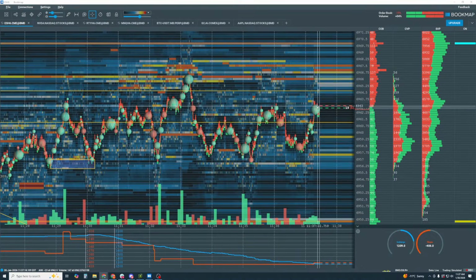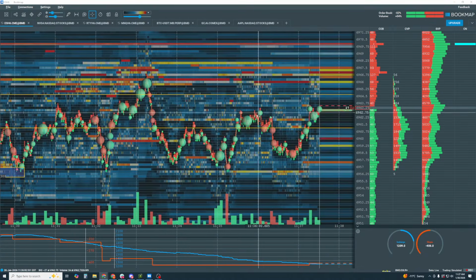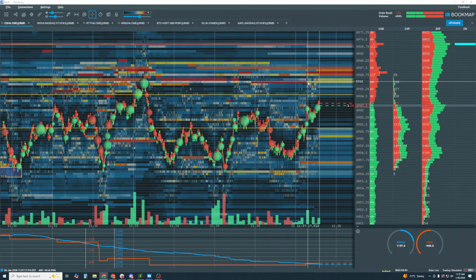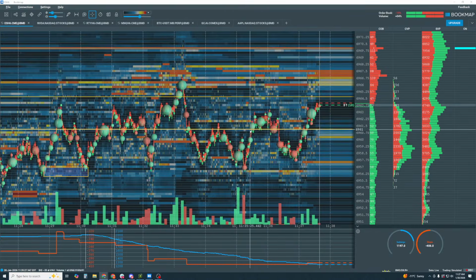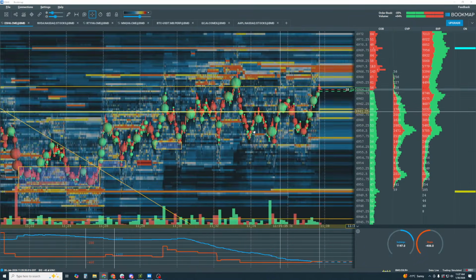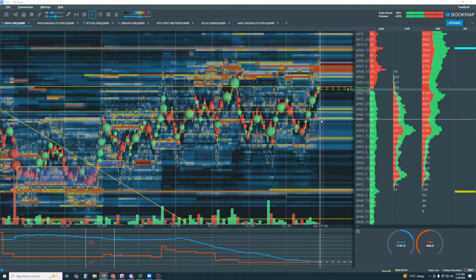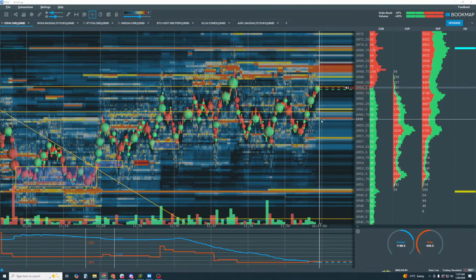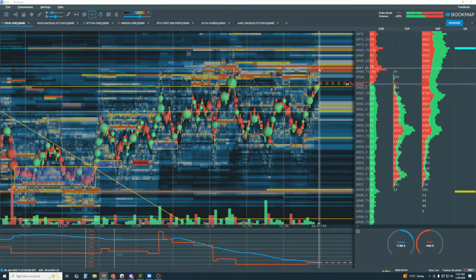Let's see, sellers, are they going to take it right back down? Or after another attempt up here, do we have enough buyers to now hit back up into our 66, 67, and maybe 70? Come on, buyers, let's see it. Just up to 67 here.